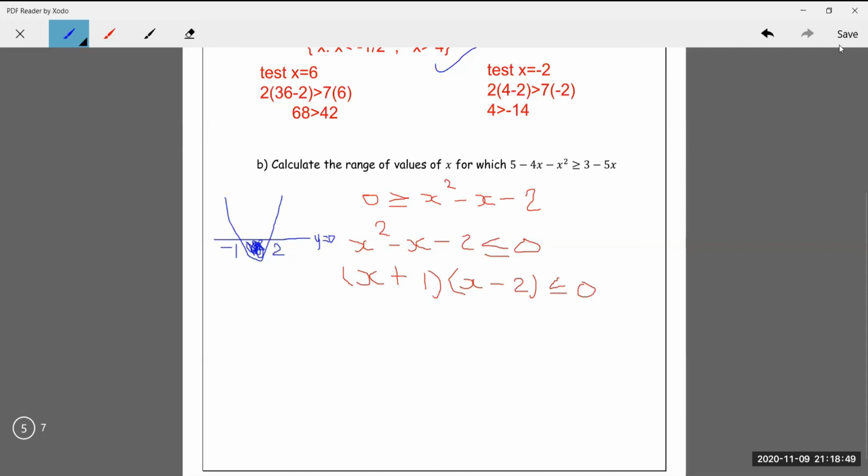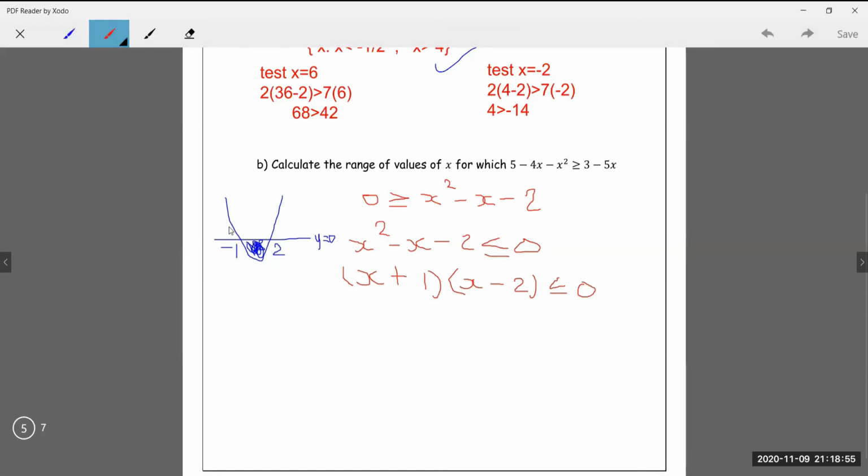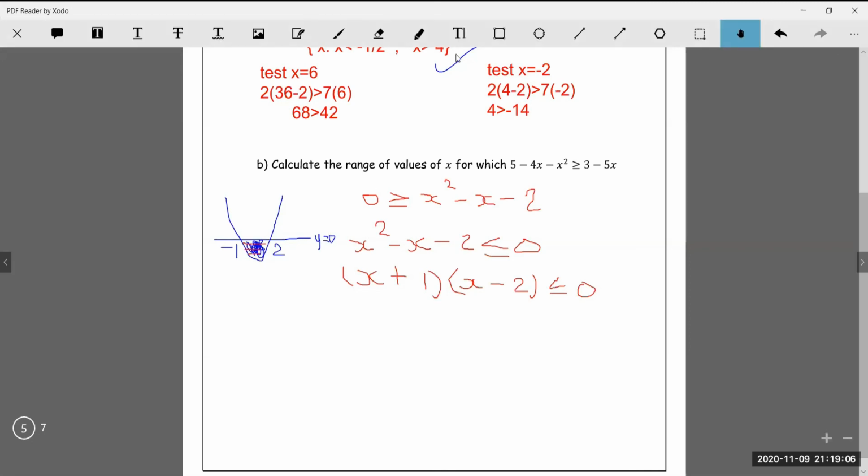And so let's pretty up our answer now. That's the only portion of the graph where we are less than 0. So we're less than 0 in this part right here. Right? That's the only time the graph is below the x-axis. And so it makes it easy when we're writing our solution to say, well, x is such that x is really between -1 and 2.